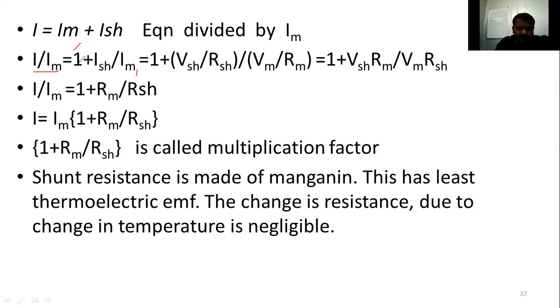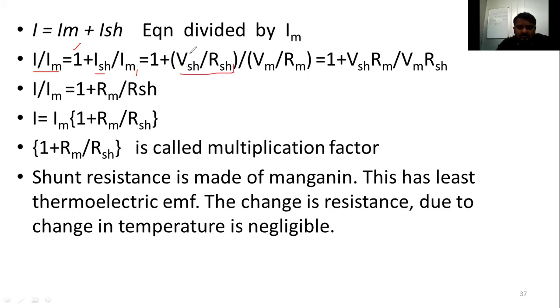So I equals, the same 1 I will write as it is, plus, according to Ohm's law, ISH equals what? What is the Ohm's law formula? V by R. According to Ohm's law, I equals V by R. Which current is there? Shunt current. So ISH equals VSH by RSH.